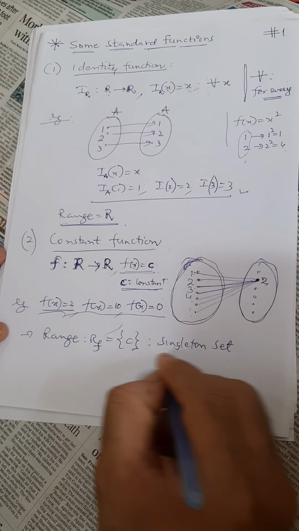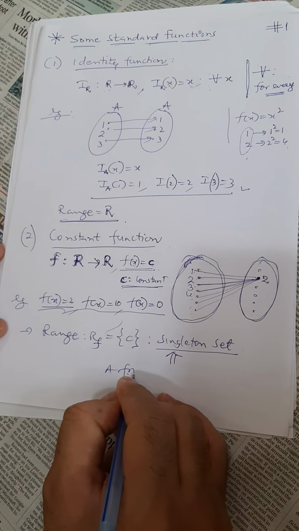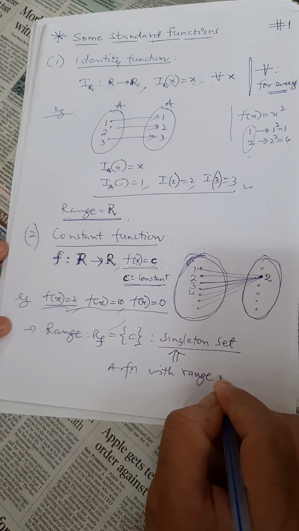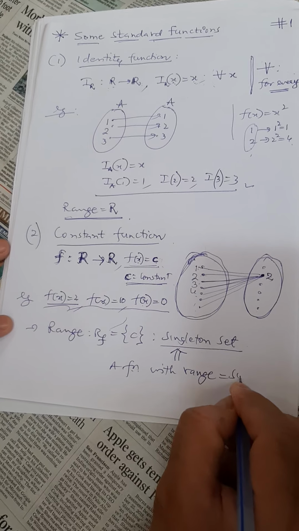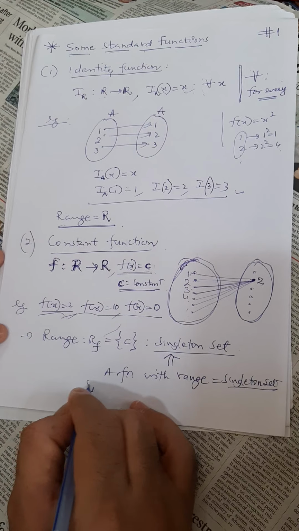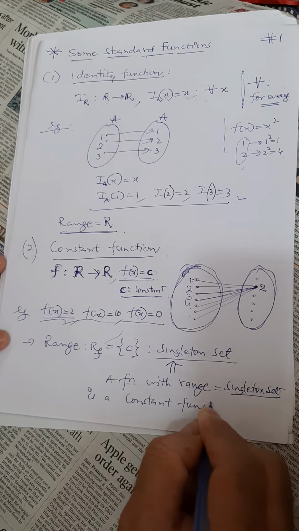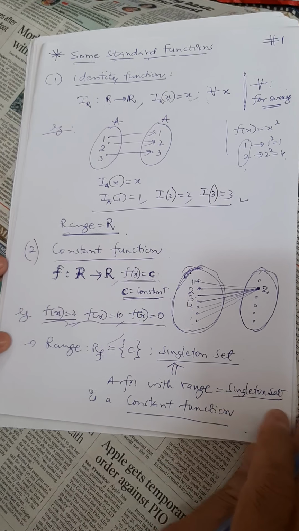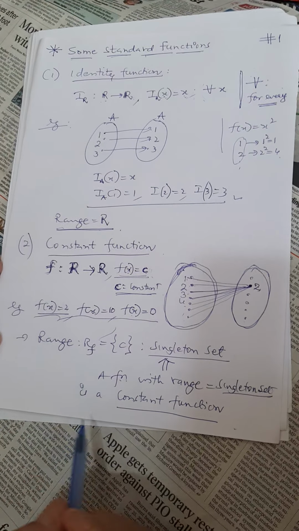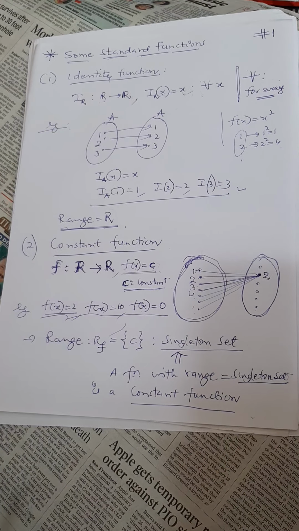A function whose range is a singleton set is a constant function. You see here range is not a singleton set, here it is R, so this is not. So these are the two functions. One is called identity, the other one is called constant.